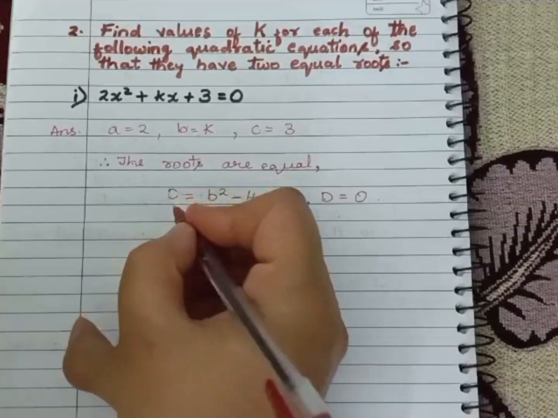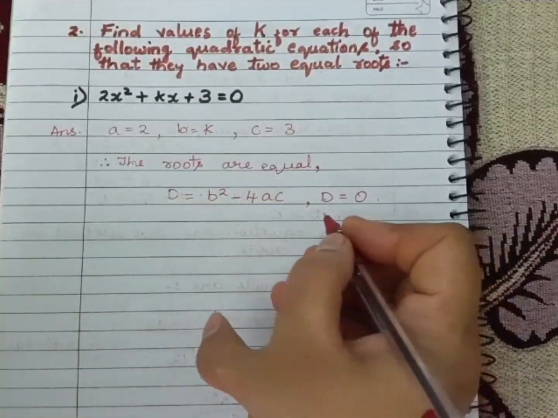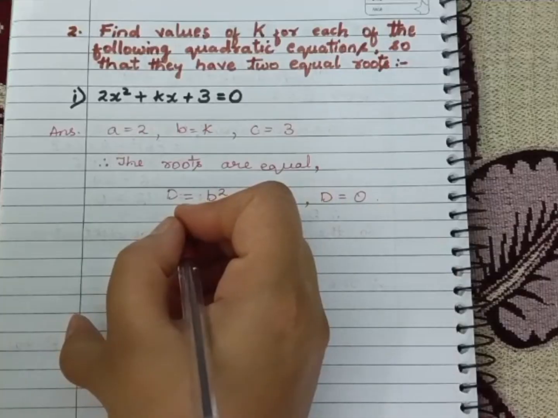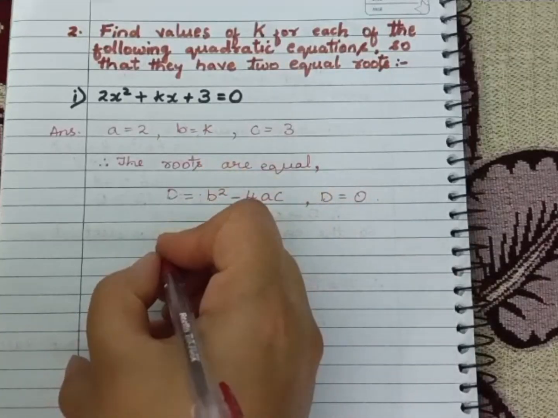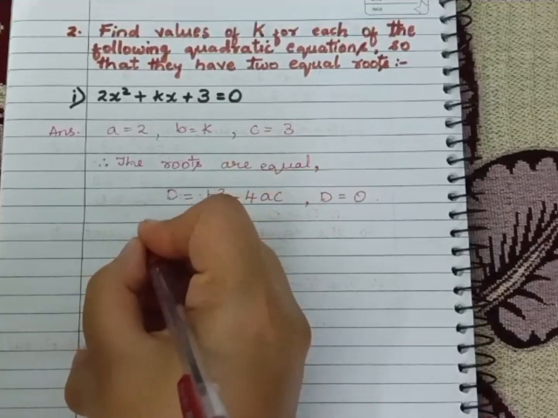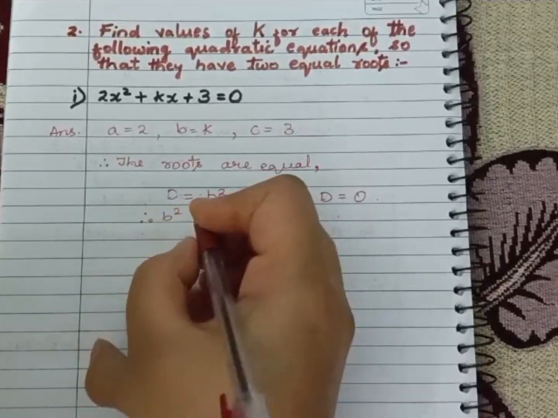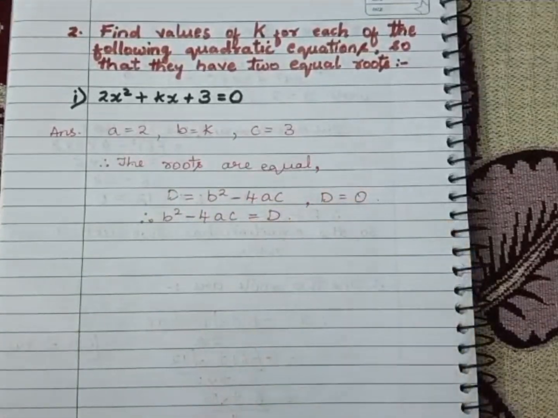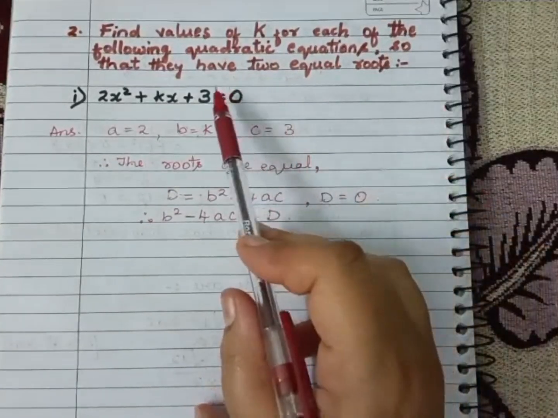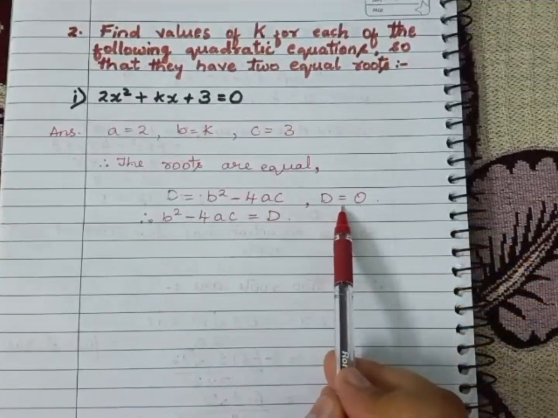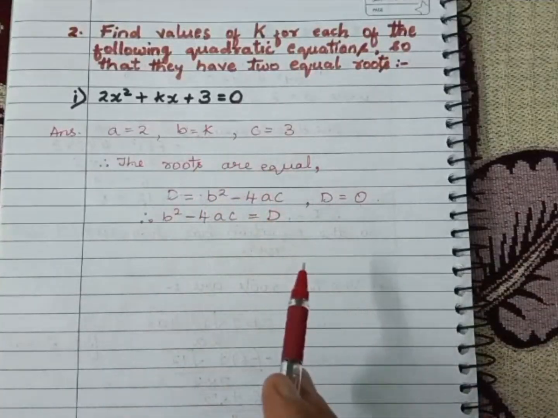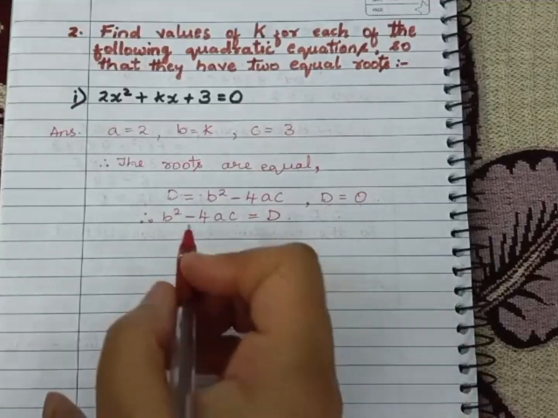Therefore, b square minus 4ac is equal to D. D is equal to 0. Why are we taking this? Because here we have in the question that they have two equal roots. So D is equal to 0.